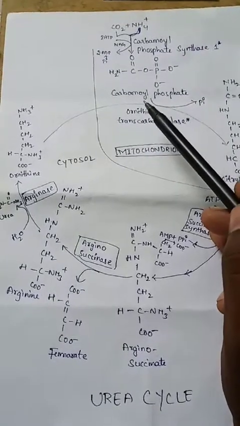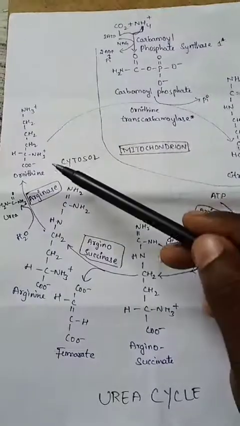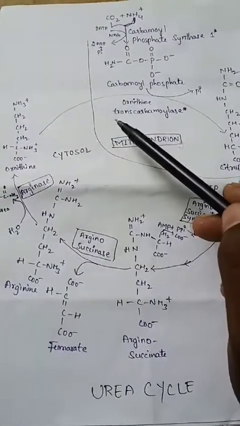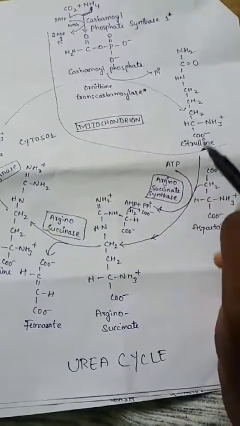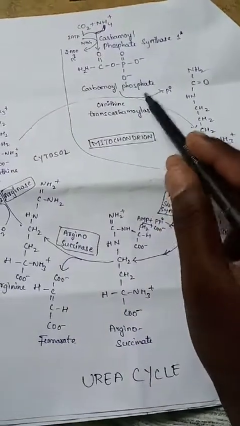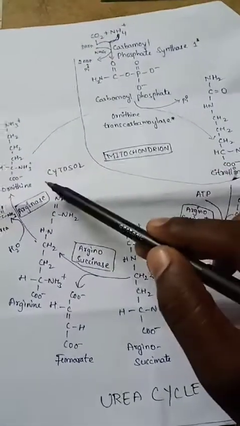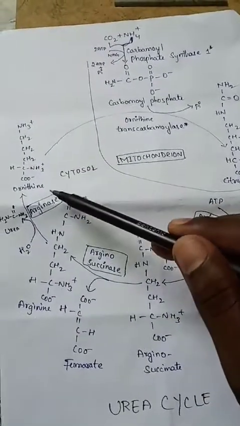Carbamyl phosphate and ornithine combine to form citrulline. The carbamyl phosphate is present in the mitochondrion, and the cytosol contains the ornithine.